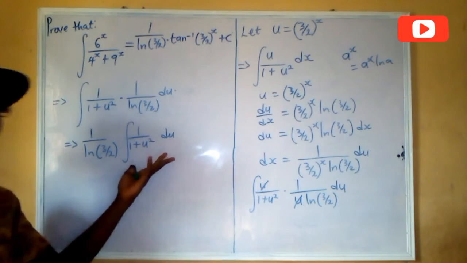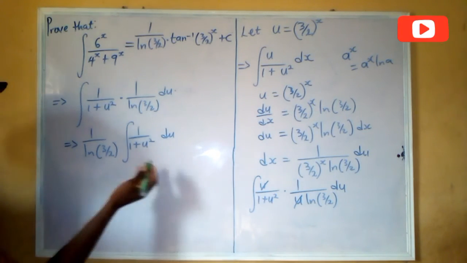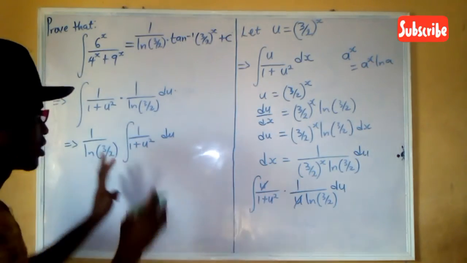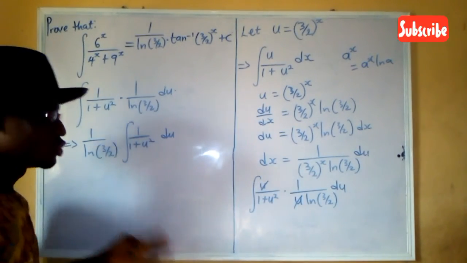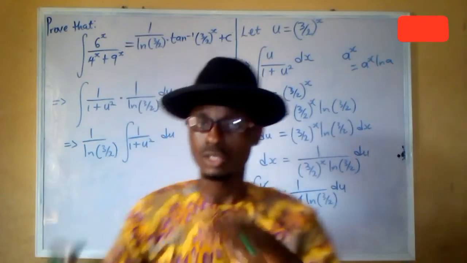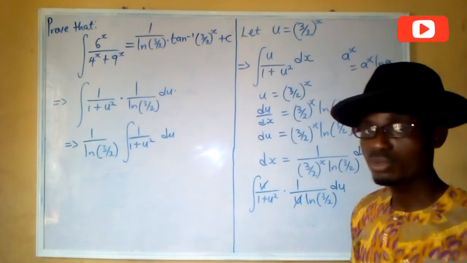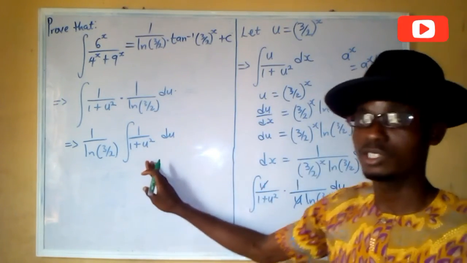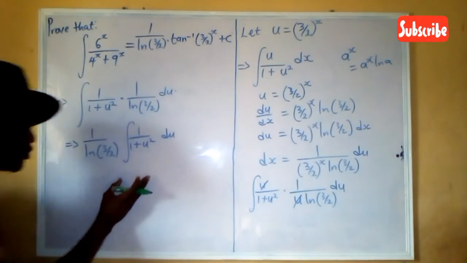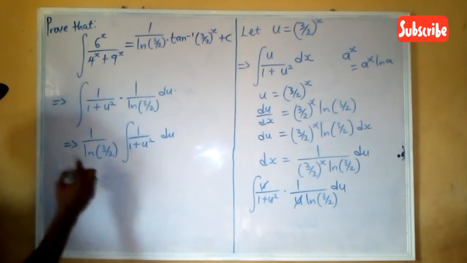Now we've gotten to this stage. What next? In this type of integral, integration by trigonometric substitution is mostly used to evaluate it. So how can we evaluate that? Very simple.